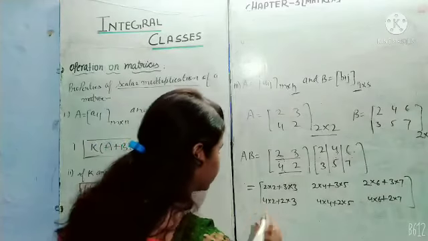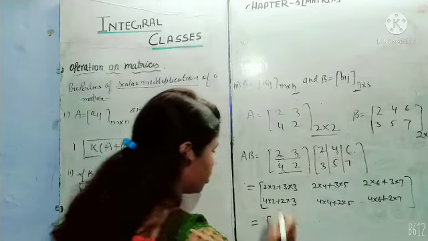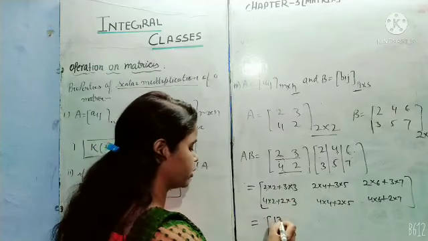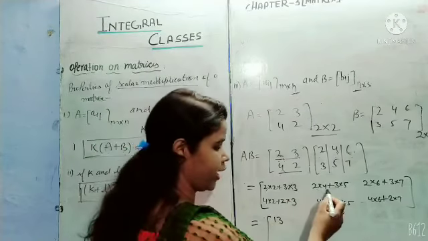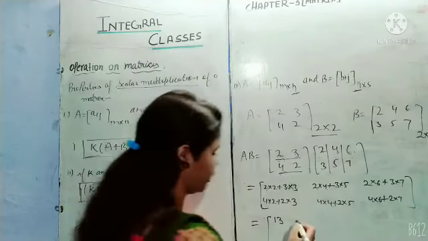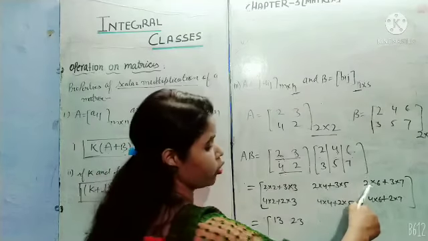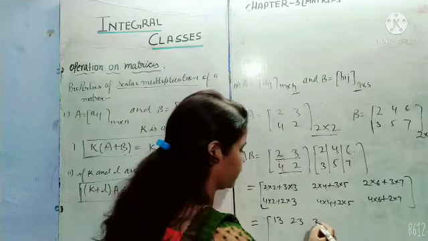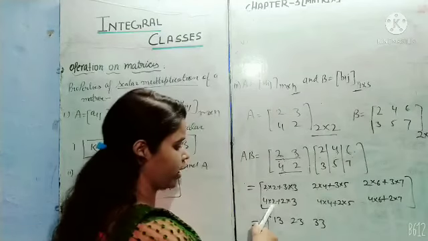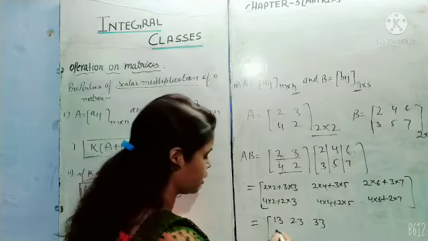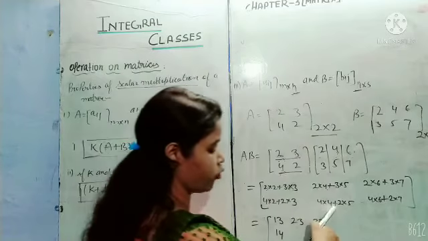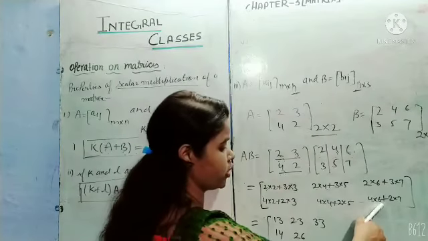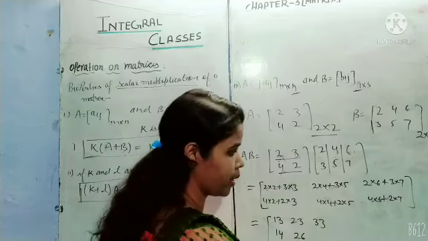Now we get the result: 2 2s are 4, 4 plus 9 equals 13; 2 4s are 8, 8 plus 15, 23; 2 6s are 12, 12 plus 21, 33; 4 2s are 8, 8 plus 6, 14; 4 4s are 16 plus 10, 26; 4 6s are 24, 24 plus 14, 38.